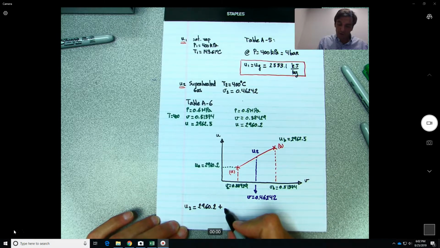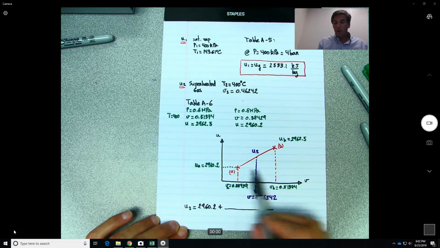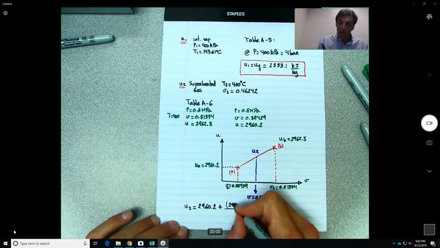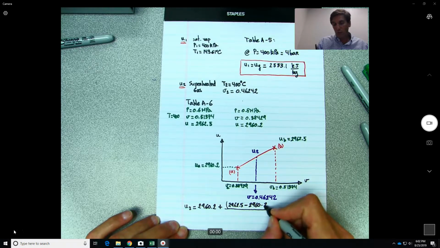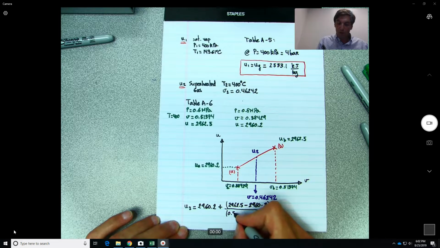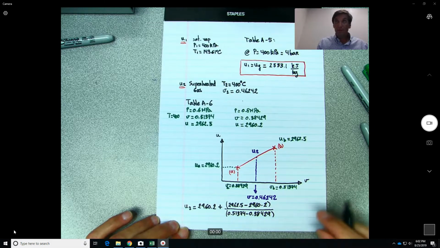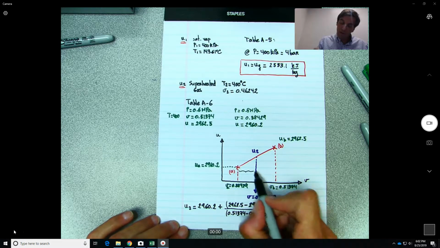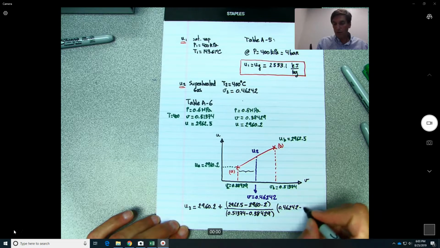The slope of this curve, that will be how much it goes up for the increment, will be 2962.5 minus 2960.2, divided by 0.51374 minus 0.38429, times this increment here, which will be 0.46242 minus 0.38429.